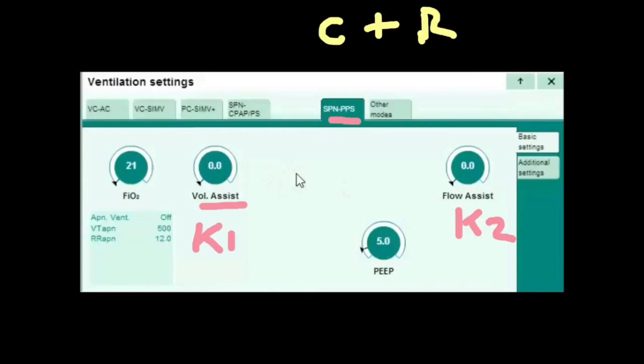And this varies with the patient's inspiratory drive. Then the ventilator will give a certain amount of inspiratory pressure based on what percentages I set for my two values, my volume assist and my flow assist.